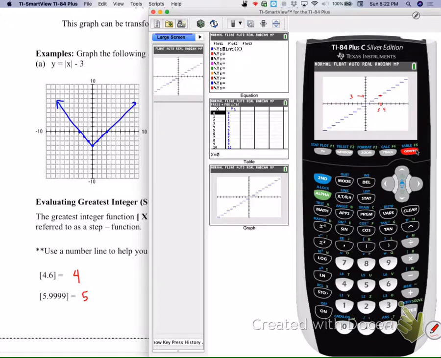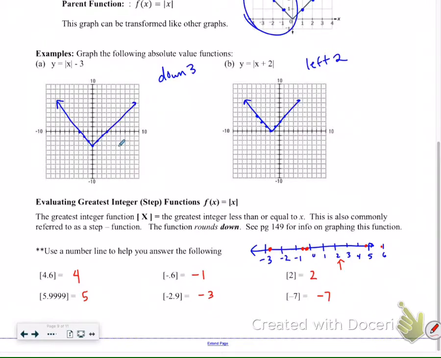But as soon as I get super close to 4, I'm going to bump up. What you cannot see on these graphs is that each one of these steps has an open circle on the right-hand side because as soon as I get to 4, I'm going to jump up to another step. And then the same thing as you go along. I highly doubt you're going to have to graph one of those, but it was in your book, so I wanted to talk about it.